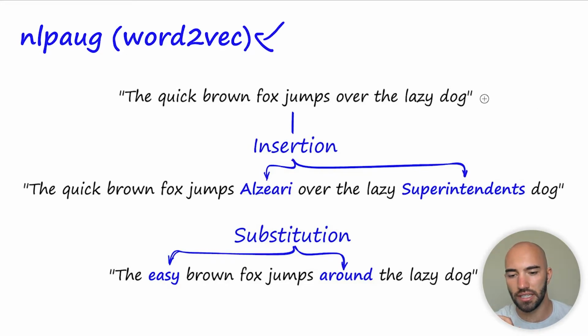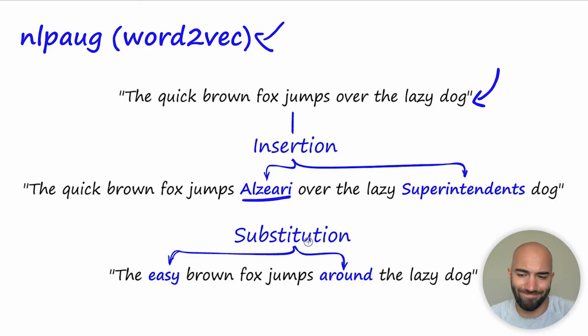And what we're doing is taking this original sentence, the quick brown fox jumps over the lazy dog, and we're just inserting some words using word2vec. So we're trying to find what words word2vec thinks could go in here, which words are the most similar to the surrounding words. And we have this word, which I don't know, it seems like a name to me, but I'm not sure.